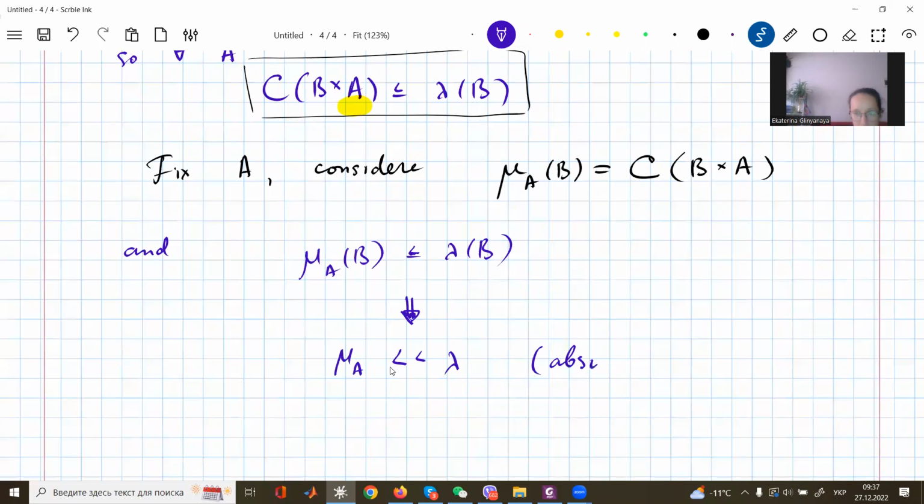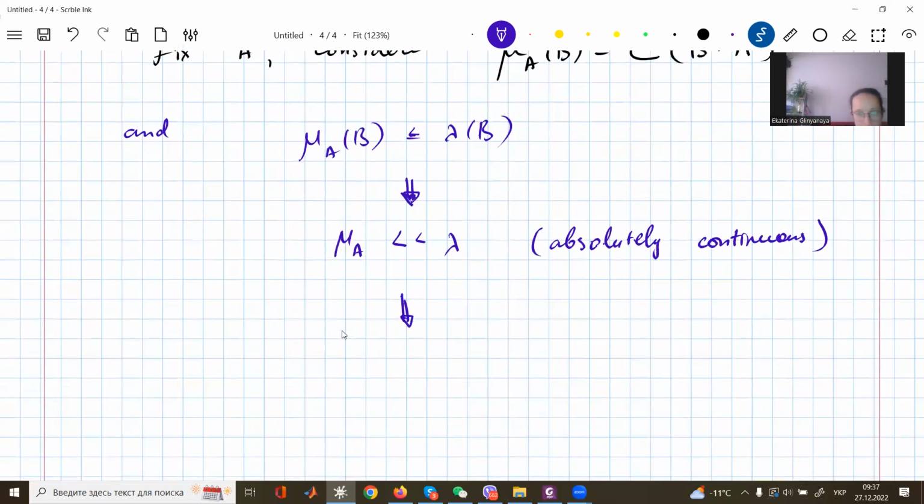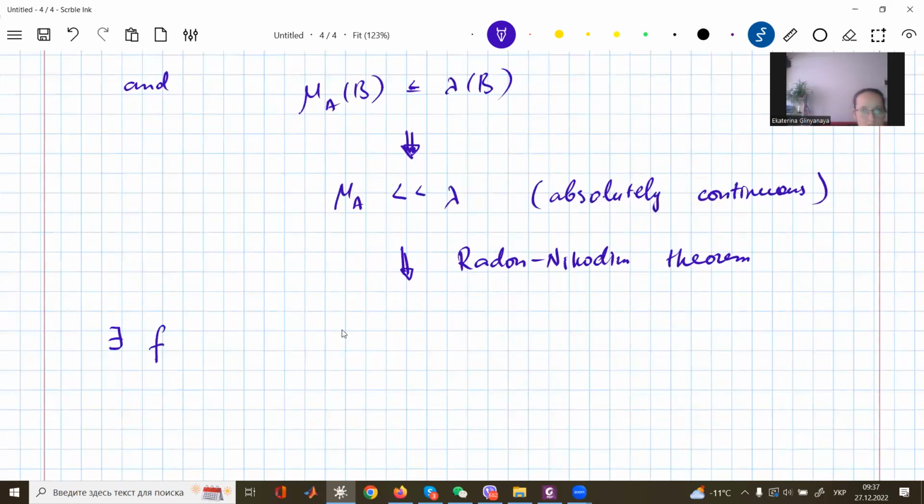So I can use the Radon-Nikodym theorem. By the Radon-Nikodym theorem, we can say that there exists a function, I will write it f. Of course, it depends on subset A because we just fixed it.